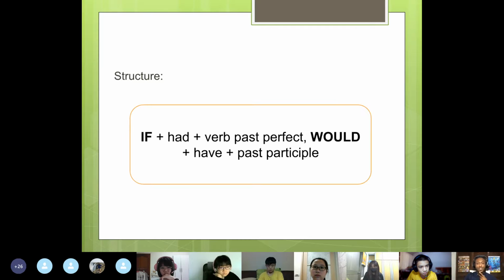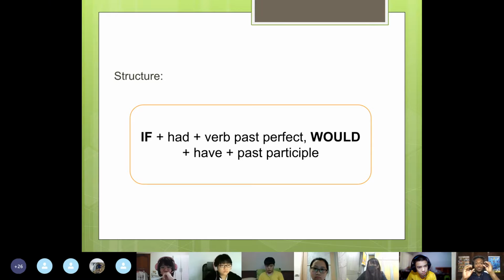So here's our structure, which we won't spend a lot of time on, but we're going to have two important things, an if and a had. So if I had, if you had, if they had, we're always going to have a had with our if. And then the second part of the sentence will always have a would have.